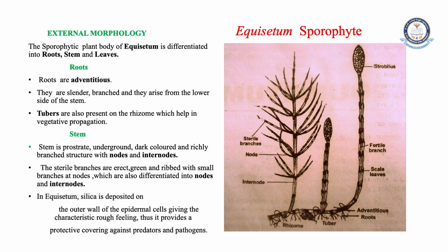The aerial branches are of two types, one sterile and one fertile. Sir, how can we recognize them? The fertile branches are terminal, they have a strobilus, they are unbranched, clearly distinguished into nodes and internodes, and they are non-green. The branches that contain a strobilus we call fertile branches.